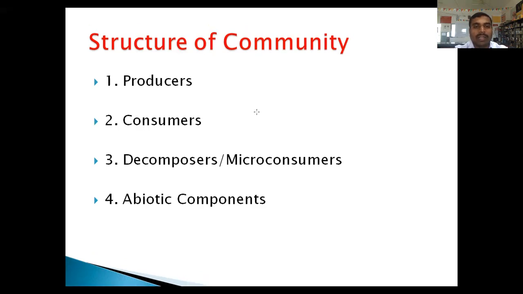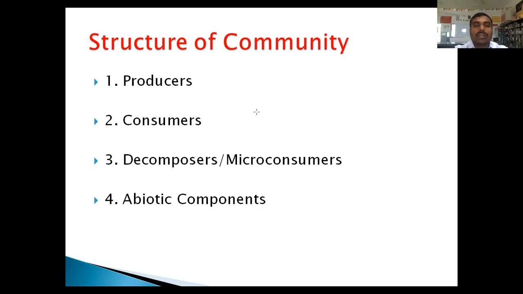Then abiotic components or substances are also important in the community. These components or materials include the source of energy, that is the sun and sunlight.